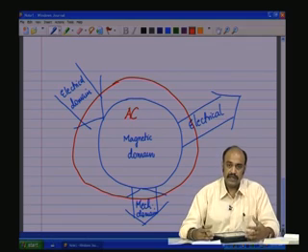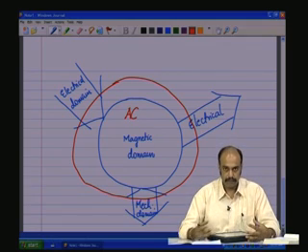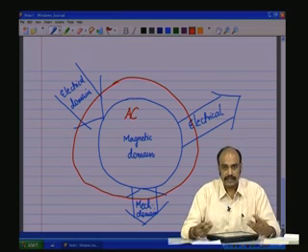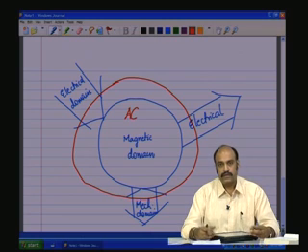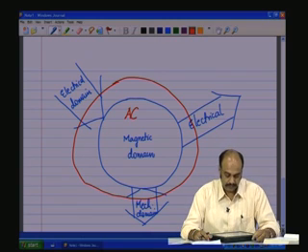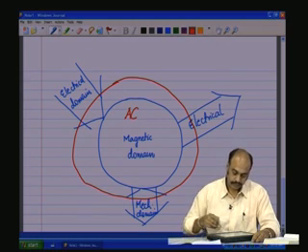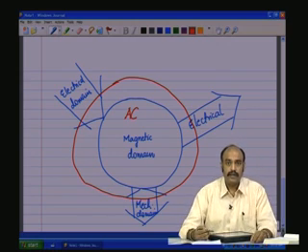So, before we try to understand and learn about the electrical equipments which fall into these categories like the induction motor, the synchronous motor and generators, 3-phase transformers, they all fall into the category of this multi-domain principle.